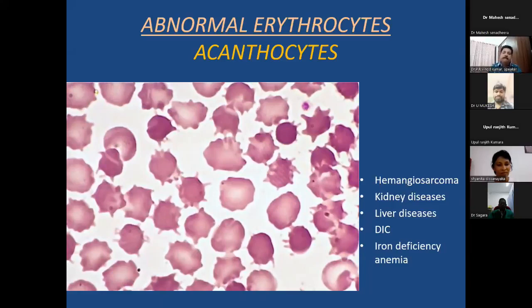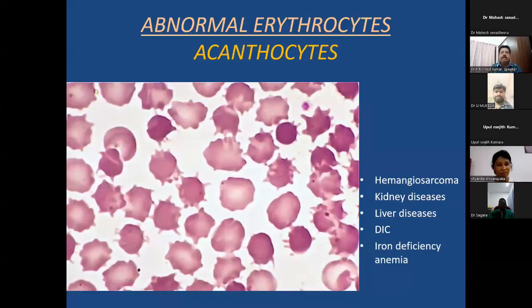The law of osmosis says that fluid will move from the area of low osmolarity to the area of high osmolarity. That means fluid from inside the RBC will move outside and the RBCs will shrink and attain this star shape. Cones or horns will arise.